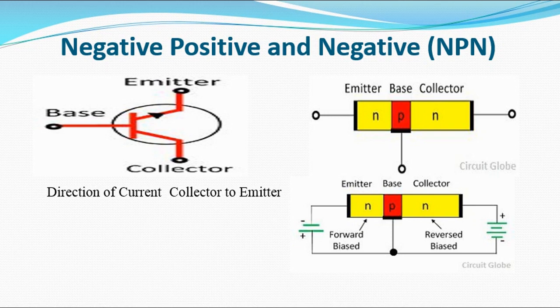That arrow is telling you that the current will flow from collector to emitter when the positive terminal is at the base. That is the P. That P represents the base, and that is the positive terminal of the NPN.